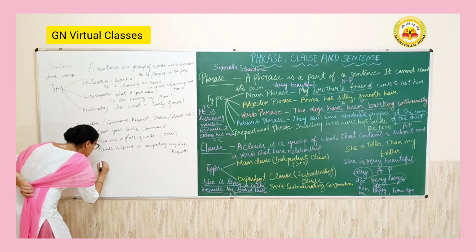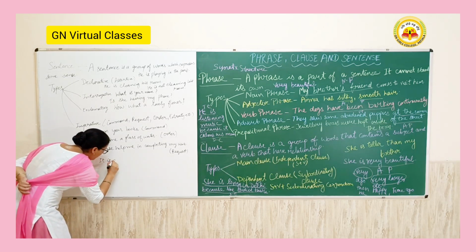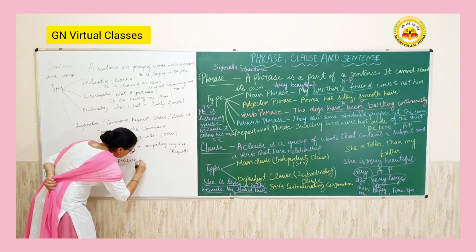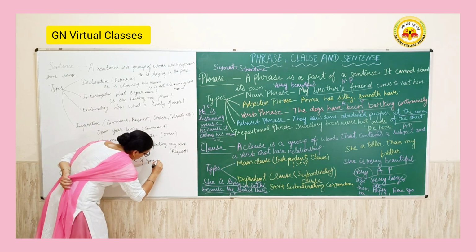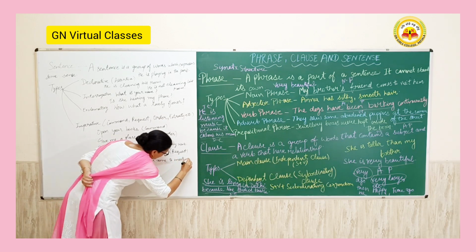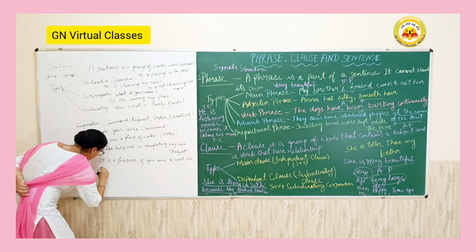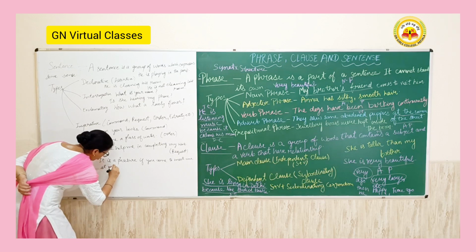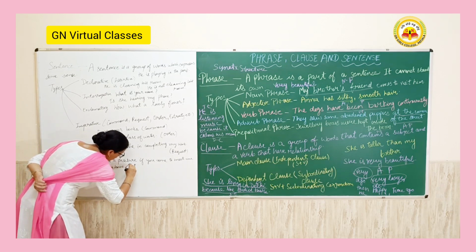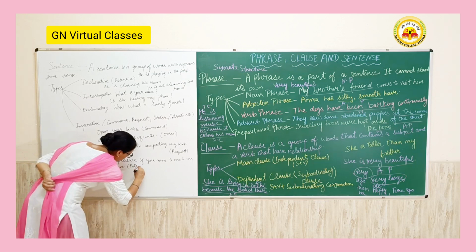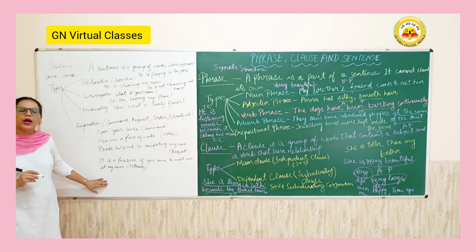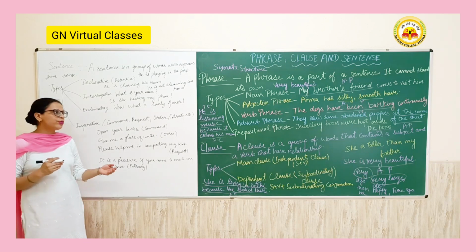Like, it is a pleasure if you come to meet me at my home. This is entreaty. I invited someone to come to my home.